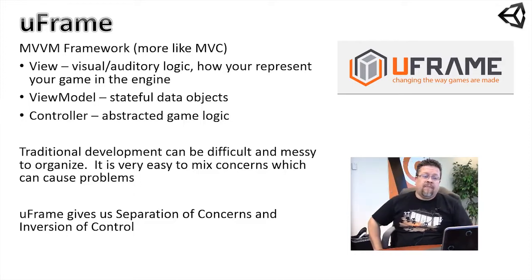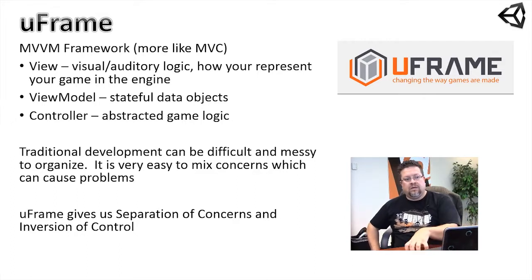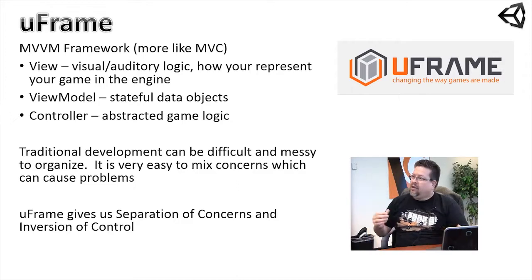So there's some really cool concepts, and we'll actually go through this through the samples that I'm going to walk you through, as far as how things work and how you can share things. uFrame supports inheritance. It supports properties, computed properties.